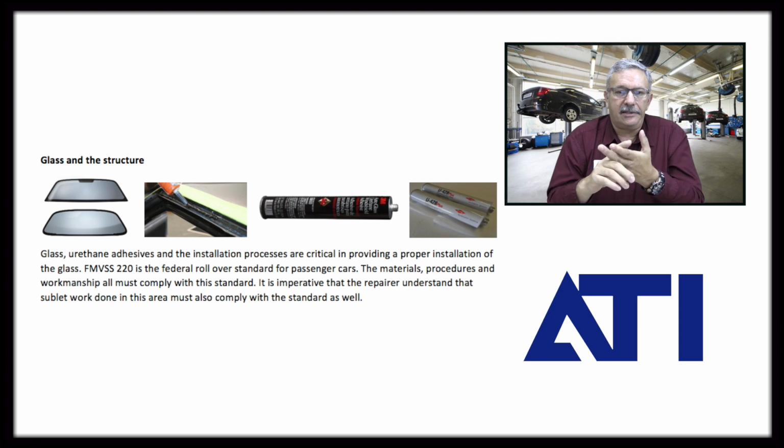So, two things are really important here. Number one is the glass that we're using in the vehicle has to be of the specification of the OEM for that federally required test when the car was built. Second thing is the adhesives that are used to hold that glass in place have to also be calculated in that structural crush.